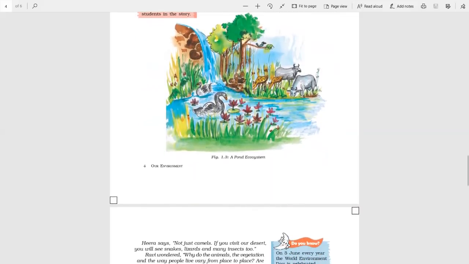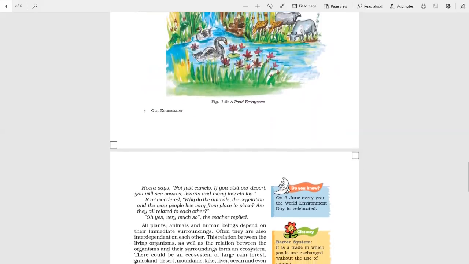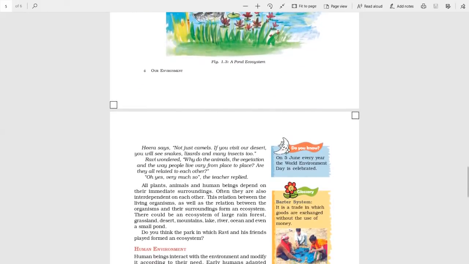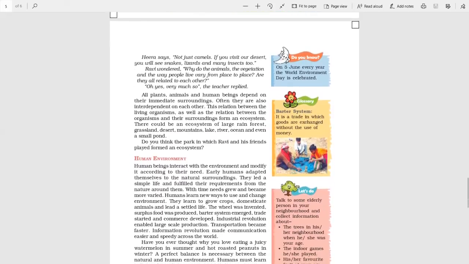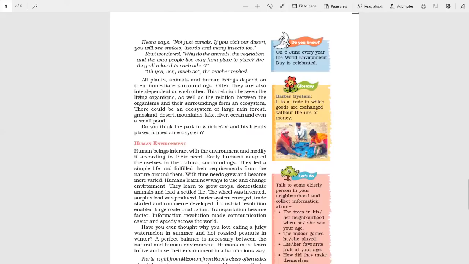If you visit our desert, you will see snakes, lizards, and many insects too." Ravi wondered why the animals, the vegetation, and the way people live vary from place to place. Are they all related to each other?